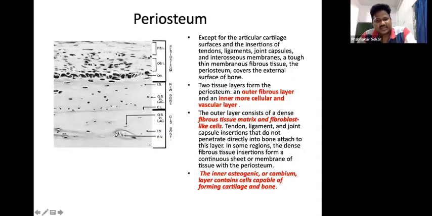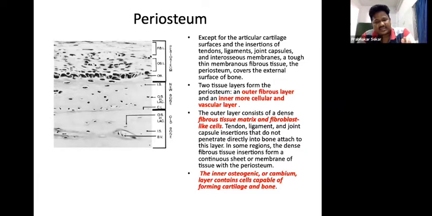On the periosteum, here the periosteum has got two layers: one is the outer fibrous layer and the inner cellular layer. In the femoral neck, the cambium layer of the periosteum is absent.